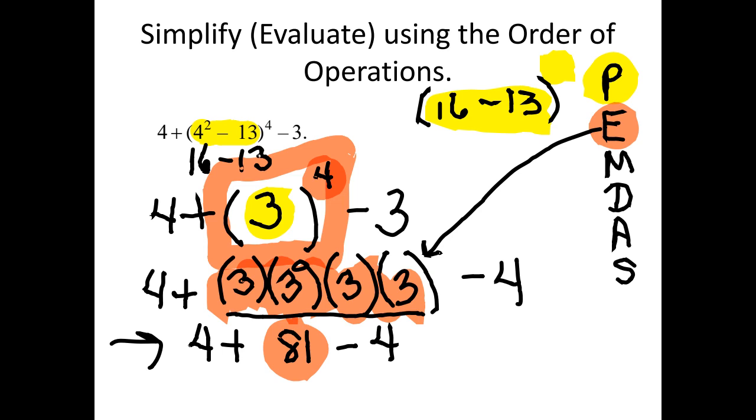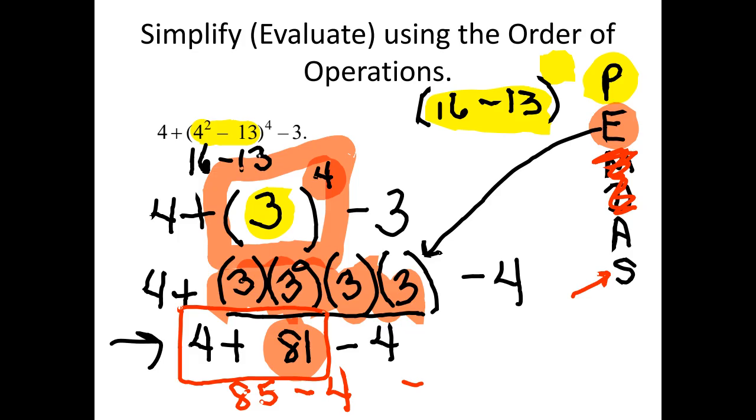But notice, add or subtract. I'm going to put these together, which is going to be 85 minus 4. And the last thing I'm going to do is subtract. Now, some of you may have gotten 81 by taking this 4 and subtracting them.